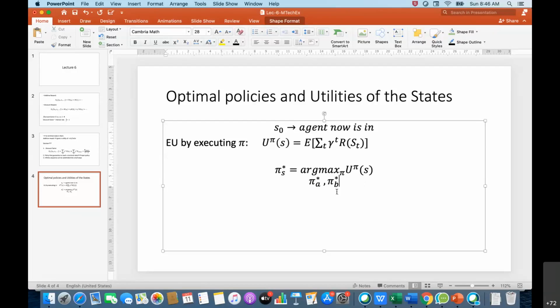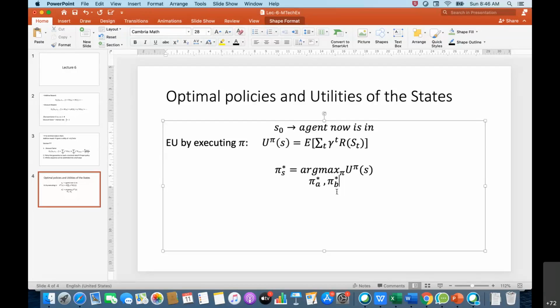Therefore, the transition models and the reward functions are going to be the same. Therefore, the optimal policies should also be the same for the corresponding states.